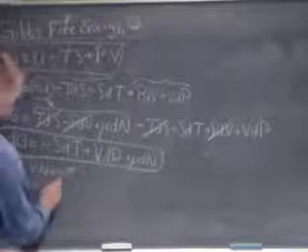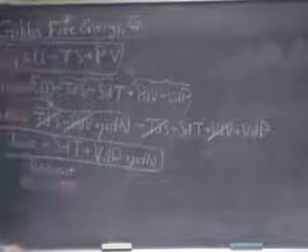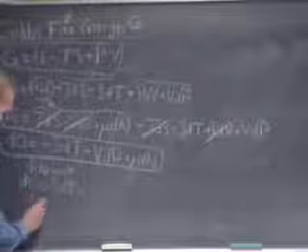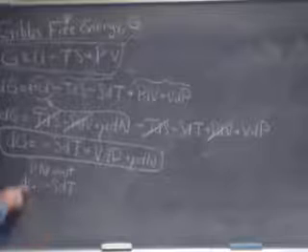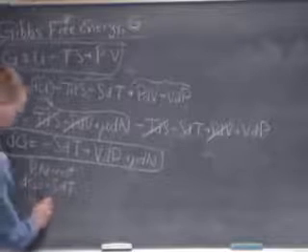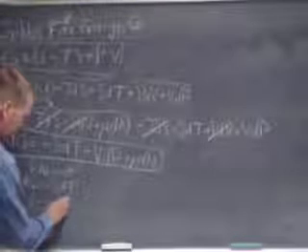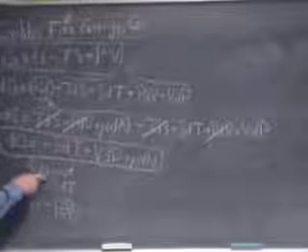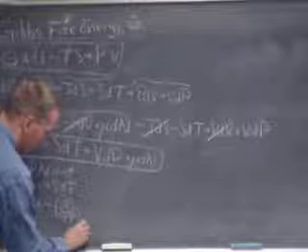dG equals negative SdT plus 0 plus 0. So S is the partial derivative of G with respect to T, negative partial G with respect to T with pressure and number held constant.